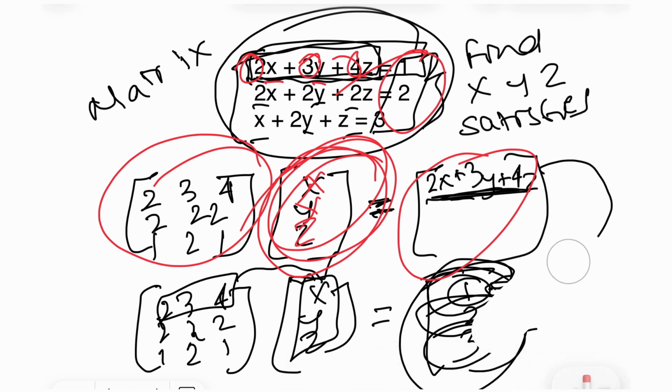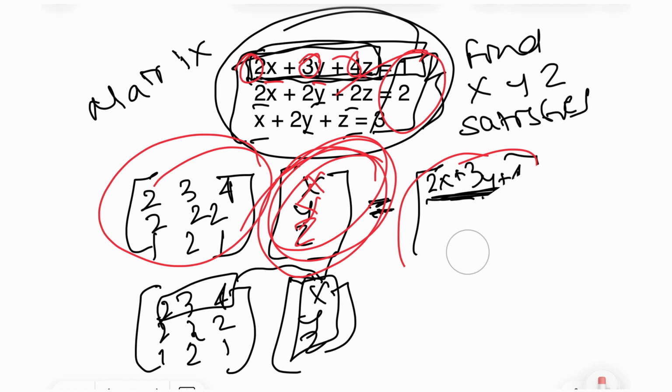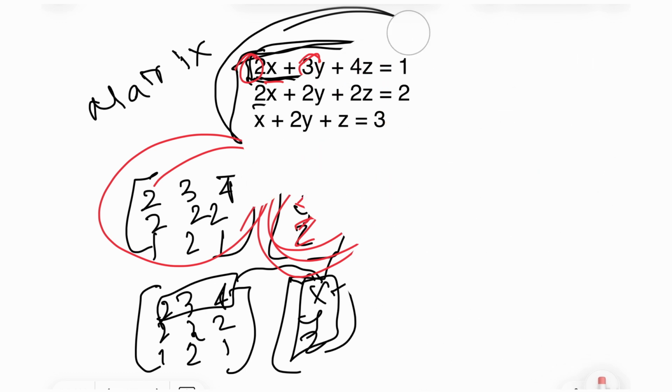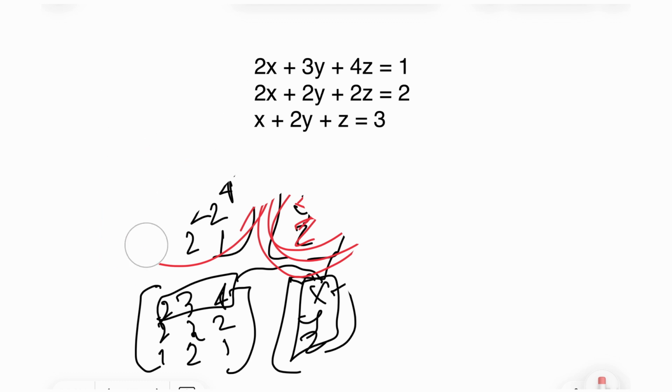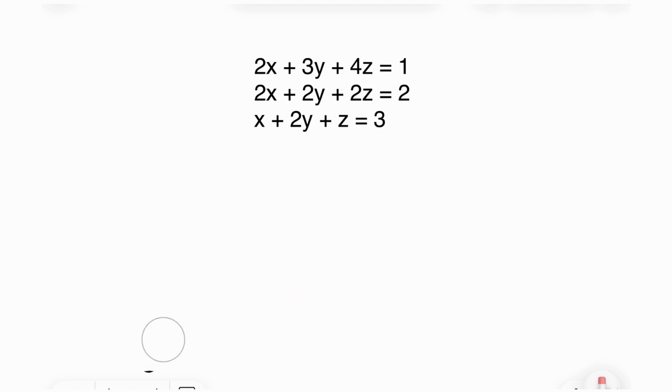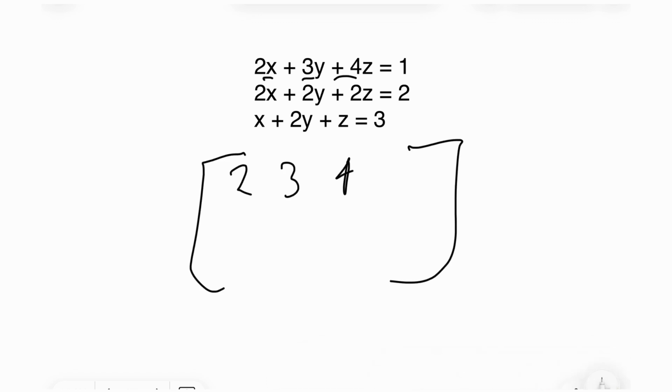Coming back to our initial example, let's try to solve this using Gaussian elimination. The first step is to form the augmented matrix. Let's form it directly by taking A and taking B. A is the coefficients, 2, 3, 4, 2, 2, 2, 1, 2, 1.